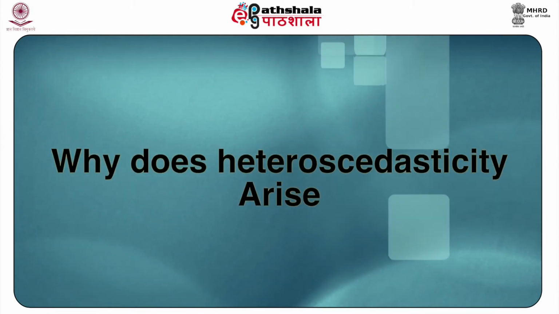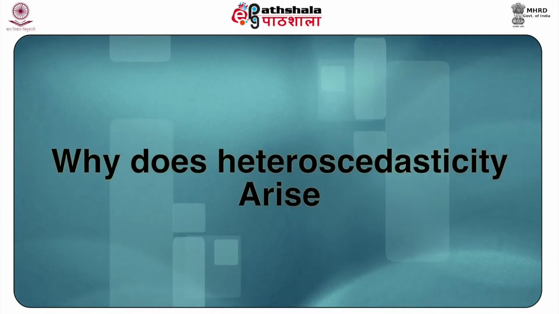Section 5 highlights the serious consequences of using ordinary least squares, or OLS, for estimation and statistical inference in heteroscedastic regression models. The module summary is presented in the last section. So let us understand why heteroscedasticity arises in this section 3.